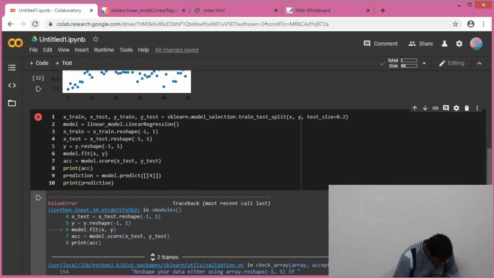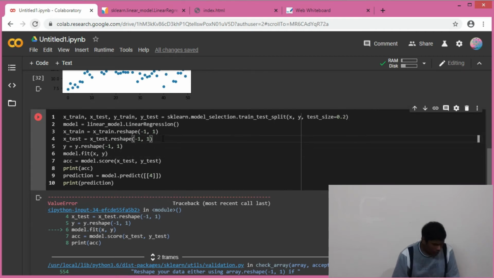Did I do that? y equals y dot reshape minus 1 to 1, and now I'm passing in y. Oh well, then why am I passing that? But I can still pass that, because it's giving me an error in my fit.